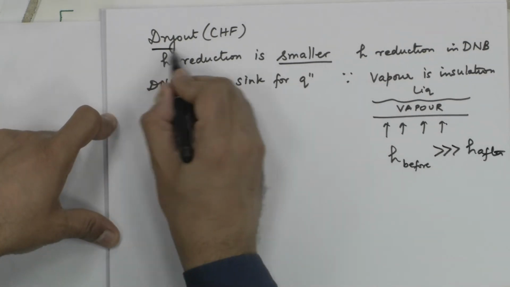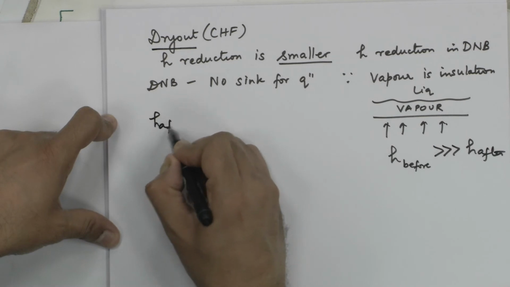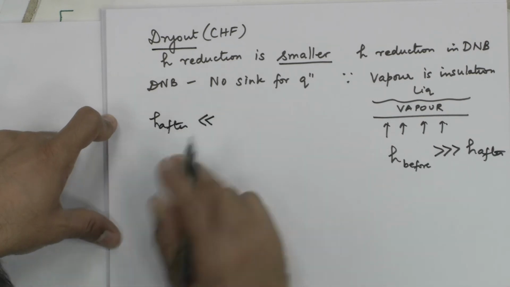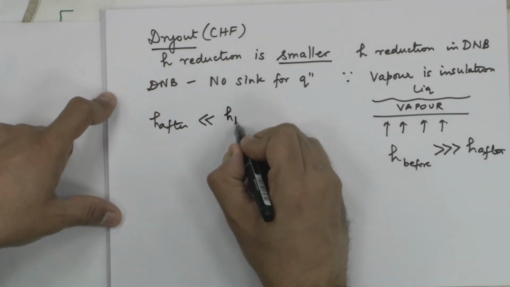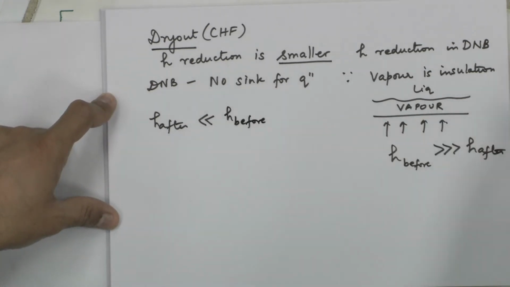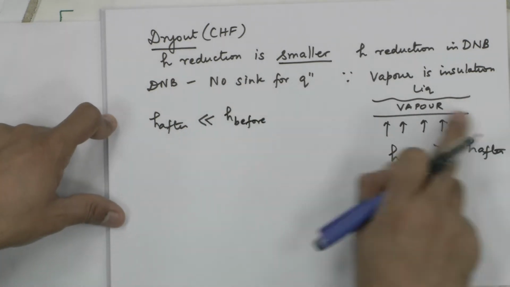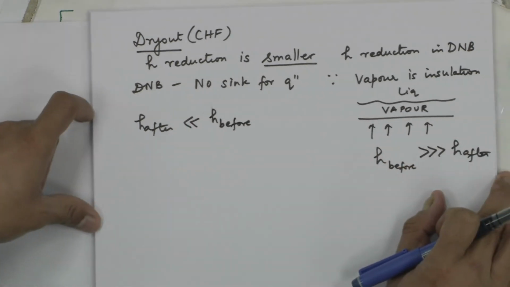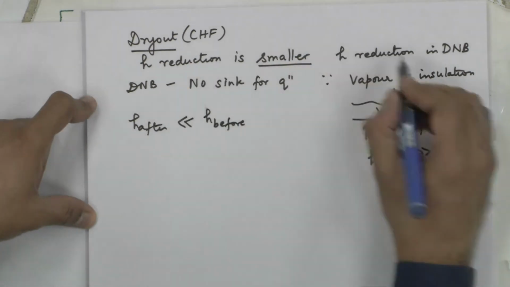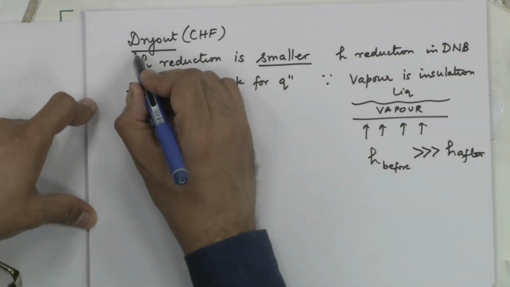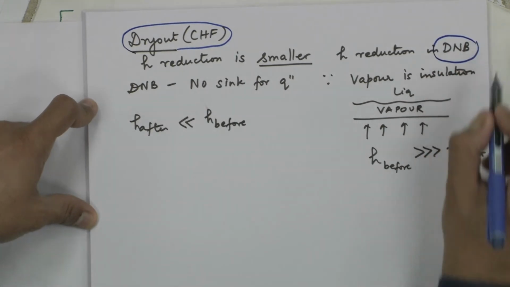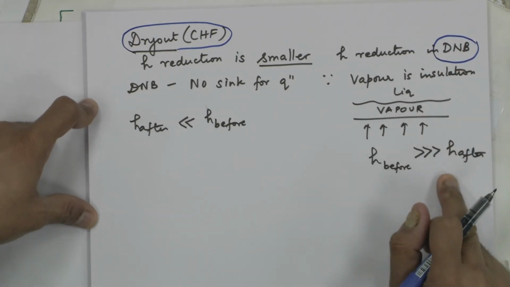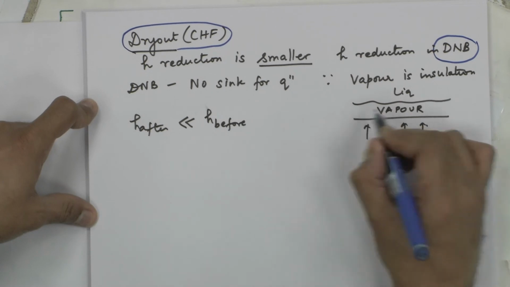Whereas, in case of dry out, H after is, I am just putting 2 less than signs, whereas here it was 3 less than signs, H before. The reduction in the heat transfer coefficient is there in both cases. However, in this case the reduction in the heat transfer coefficient is smaller compared to DNB, because DNB happens because of a formation of vapor film.